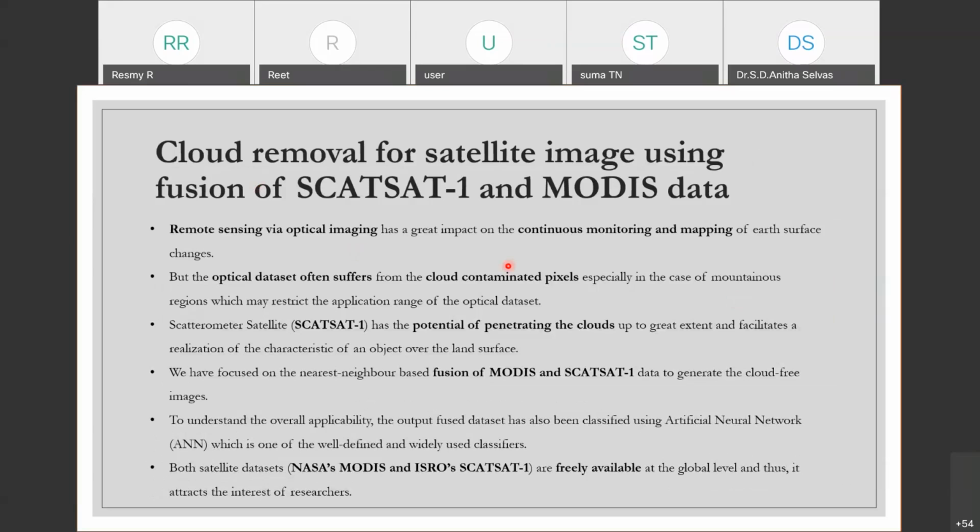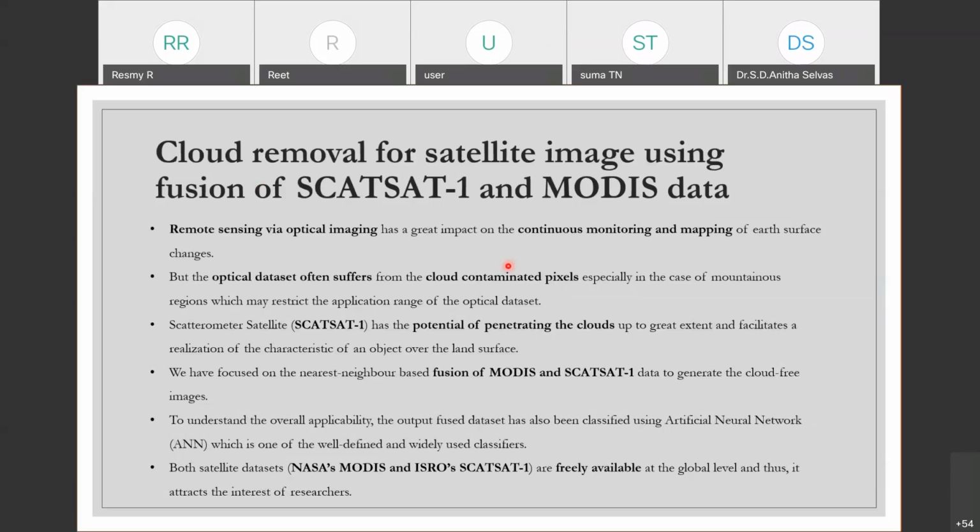Then there is a unique feature of optical data that cannot be met with the SCATSAT data. SCATSAT data cannot classify the vegetation with the same accuracy as that of an optical data.